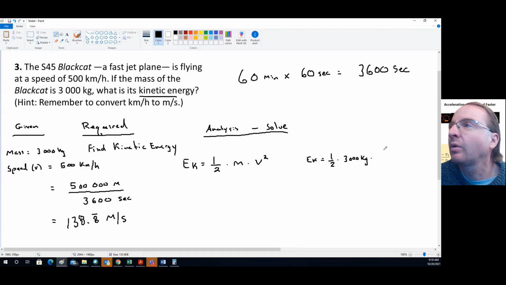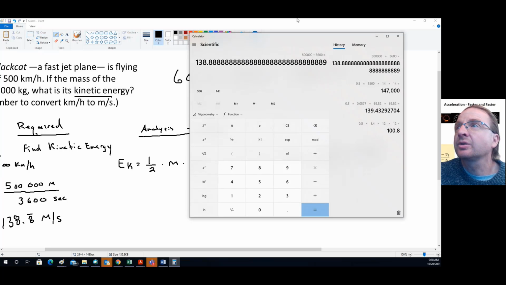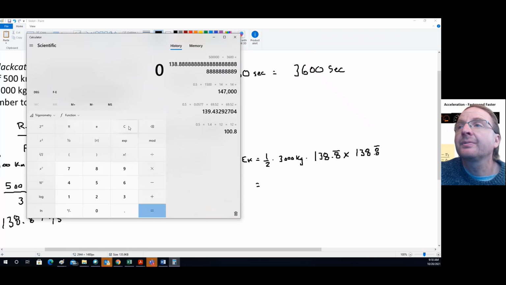It's pretty darn quick. 138.8 forever times 138.8 forever, velocity squared. Okay. You pause, you try it. I'm going to do it right now, show it to you too. Let's clear this off.